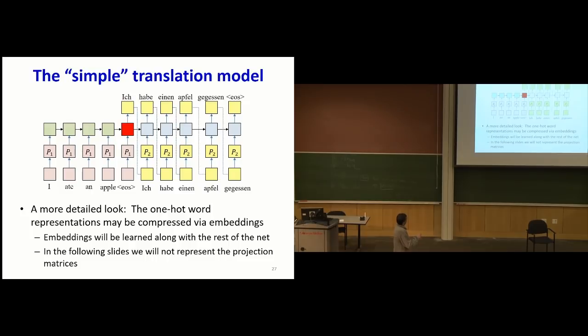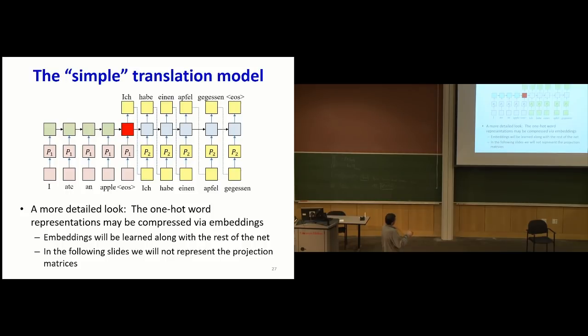So here, although I'm just writing words, the implicit assumption is that these things are being represented one-hot and being projected down using some projection into an embedding space. And so also the outputs are being represented one-hot and being projected down into some embedding through an embedding matrix.